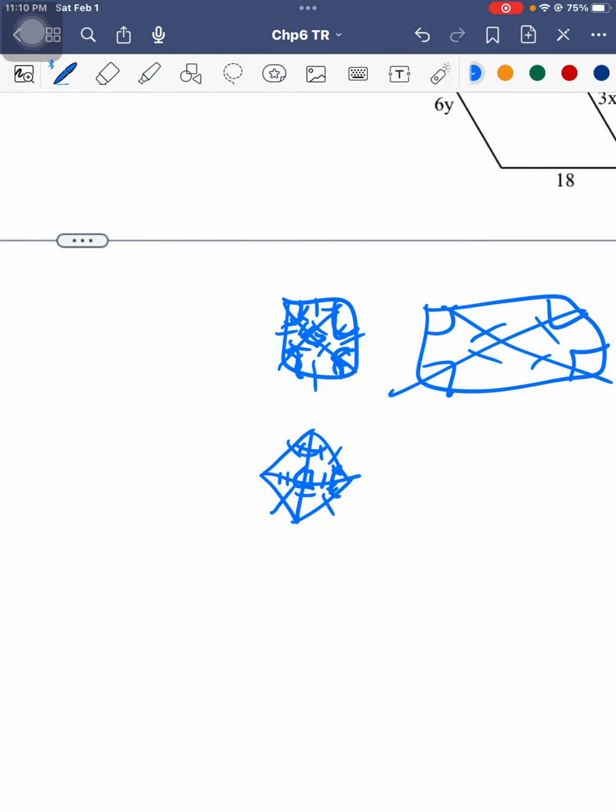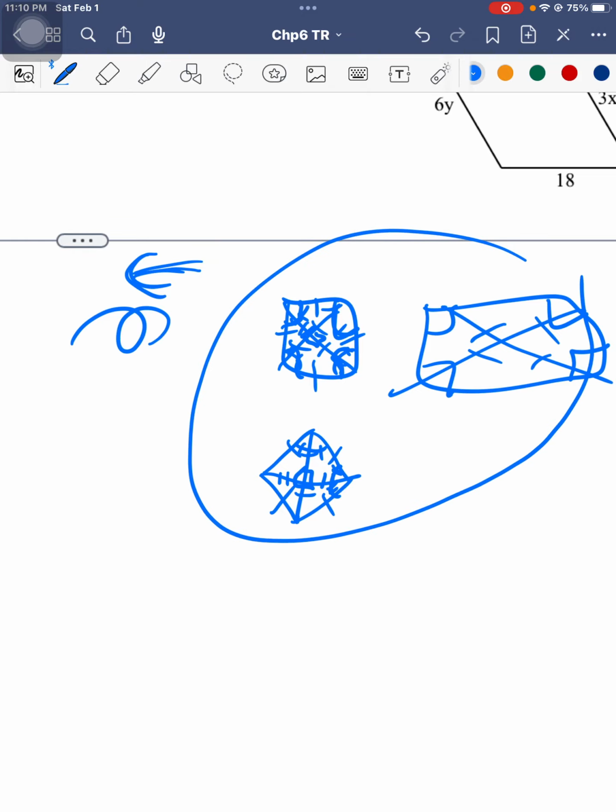Also, every single property for parallelograms that we talked about in the last video, the chapter 6 test review: opposite sides are congruent, opposite sides are parallel, opposite angles are congruent, adjacent angles are supplementary, and the diagonals bisect each other. All of those are prevalent inside of these shapes as well.